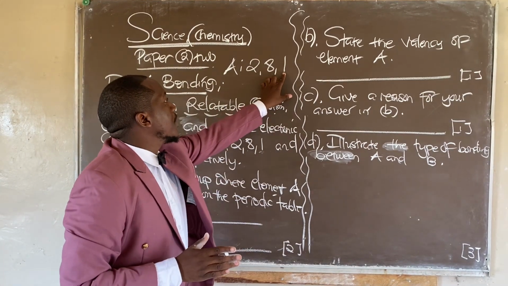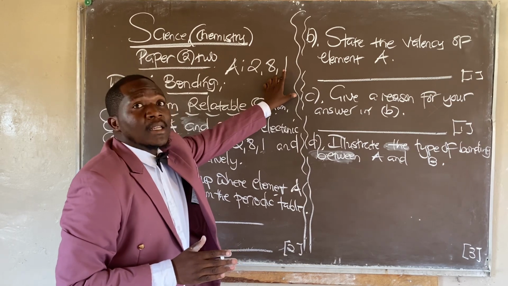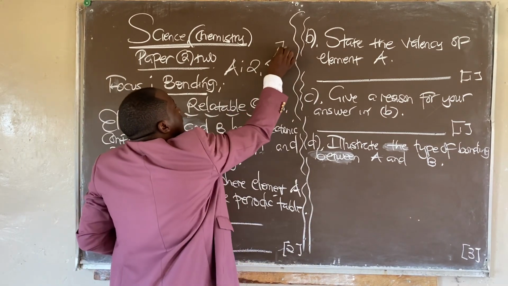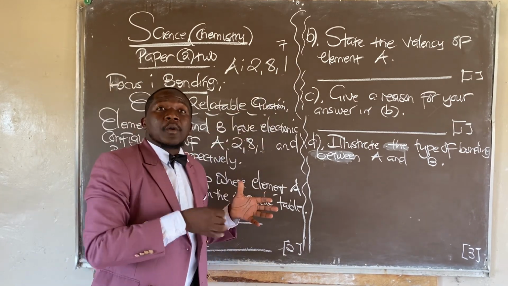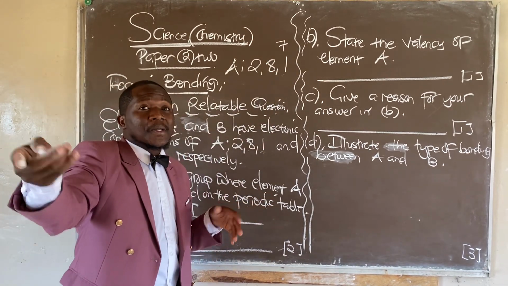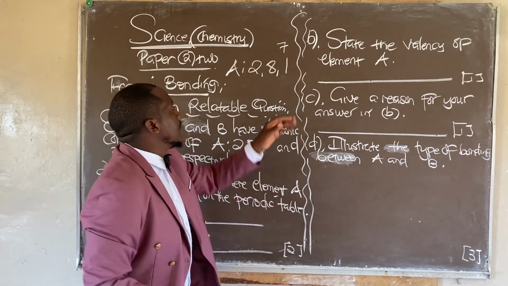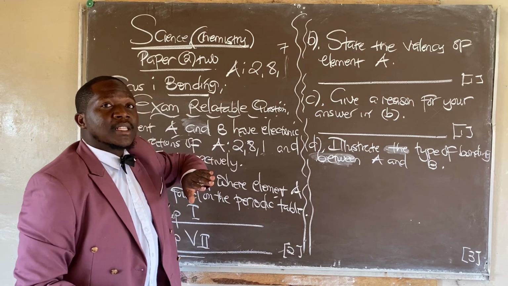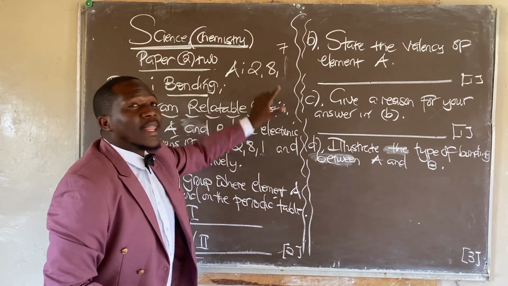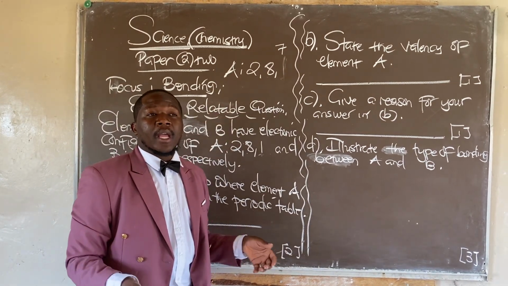Now, in the last shell here, it only has 1, which means it needs an extra 7. But this extra 7 cannot be gained easily because they would be coming from another source or another element. Instead, it can just lose this same electron which is in the last shell and remain with the one that has 8, and thereby remain stable.